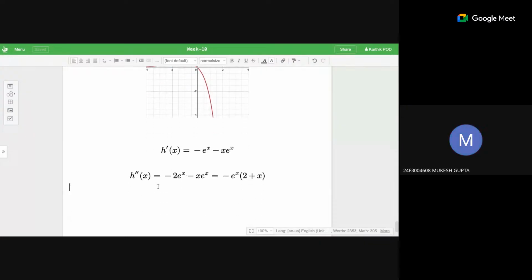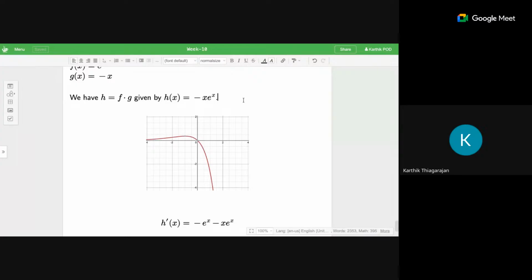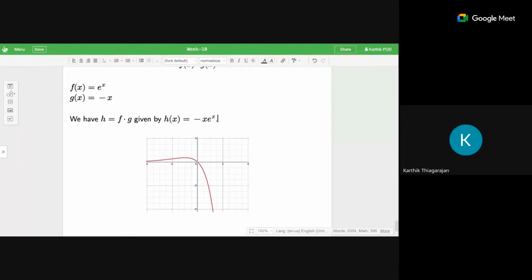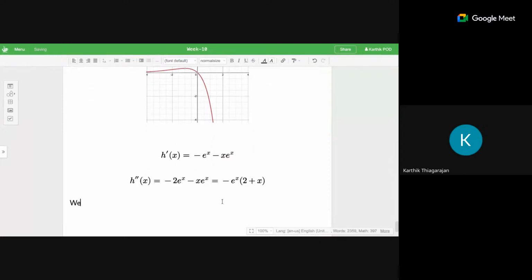So, but anyway, we have to be careful. So we should say that where the domain of h is R, we see that h double prime of x is negative at certain regions of the domain.